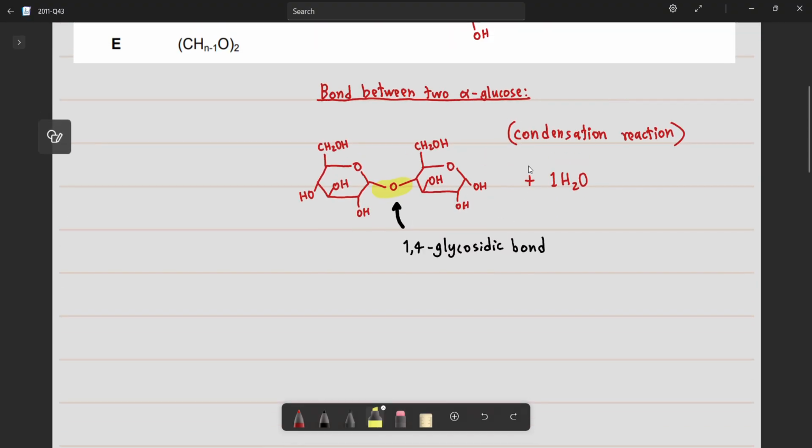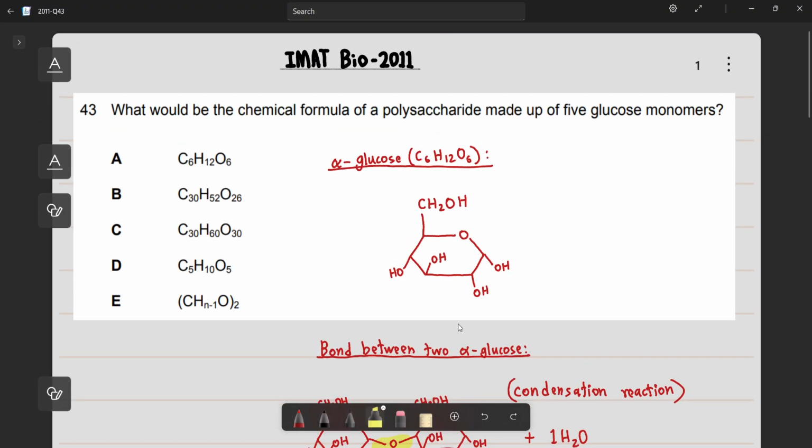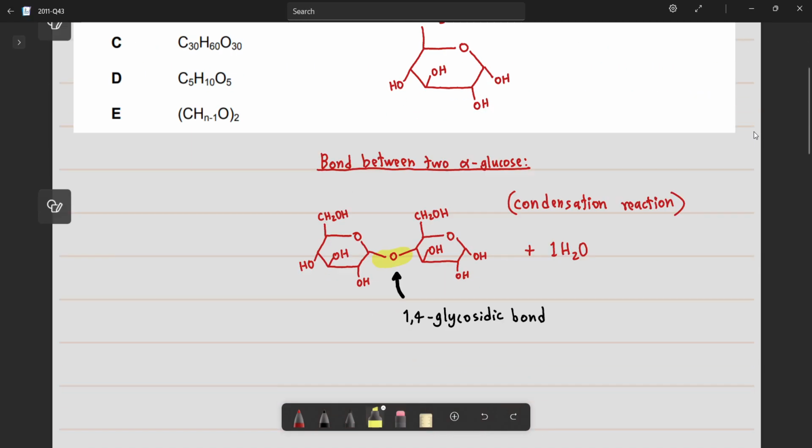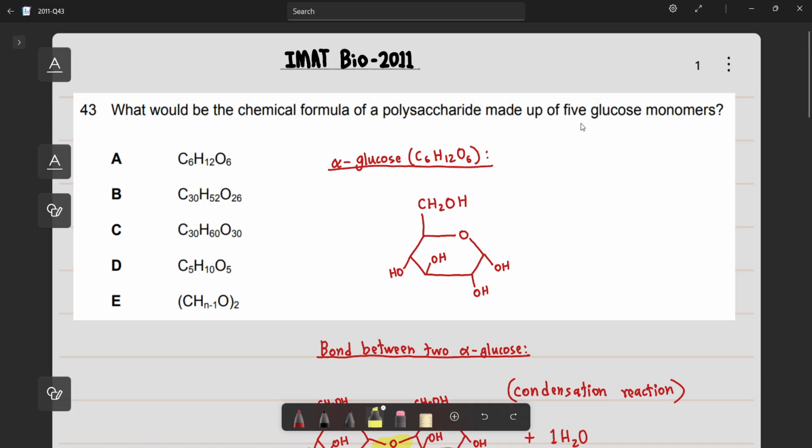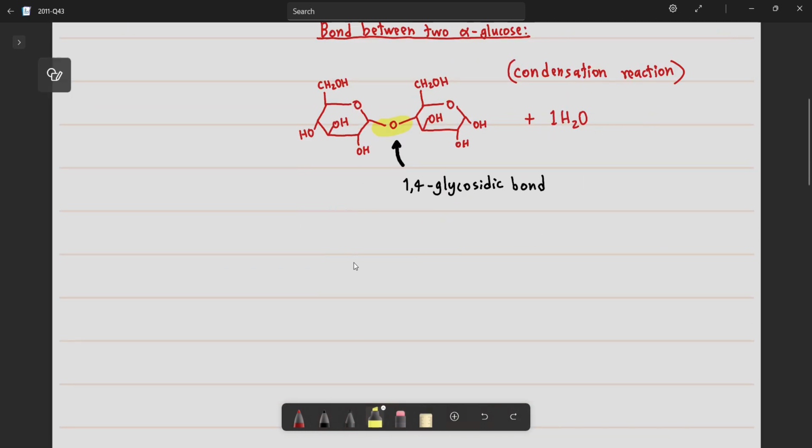Now let's get back to the question. Since they said it's made up of 5 glucose monomers, that means there are 5 glucose repeating units, and it has how many 1,4-glycosidic bonds?